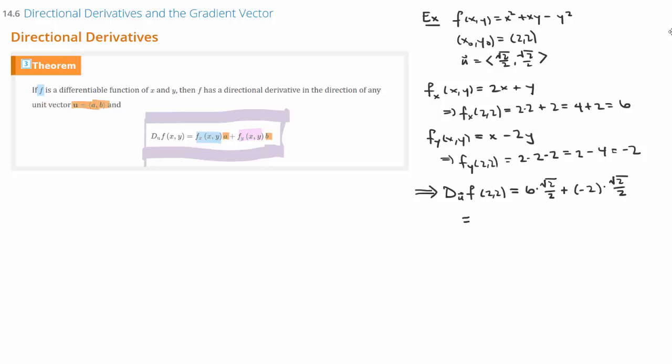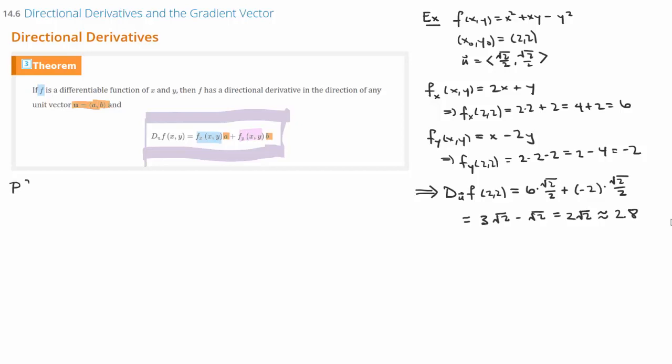If we simplify things here, we'll get 3 root 2 minus root 2, or 2 root 2. Plugging this into a calculator, we have approximately 2.8. You can compare this to the value we calculated a little earlier, which was 3.3. That's pretty close, so I'm reasonably sure that we did our calculations correctly.